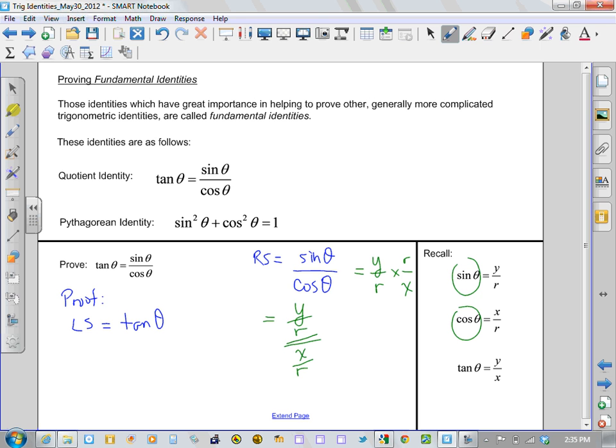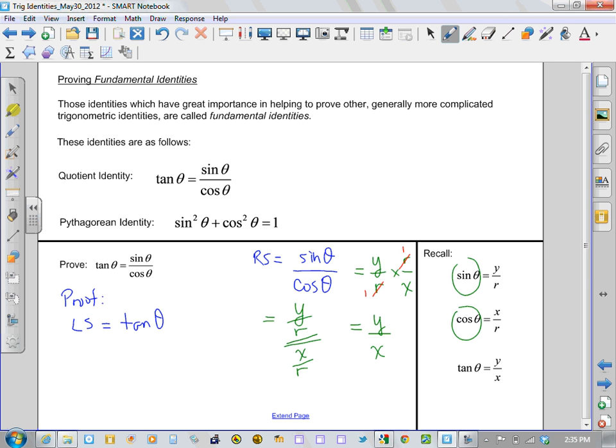So the reciprocal of that second fraction is r over x. Using our knowledge of rational expressions, we can see that in lowest terms, r over r is 1 over 1, and we're left with y over x.